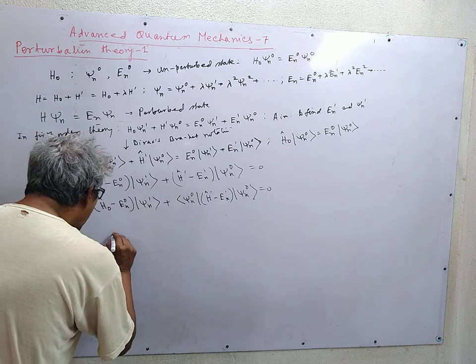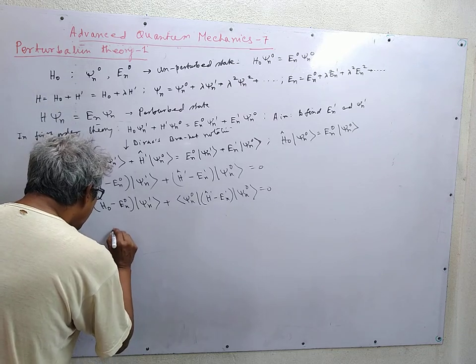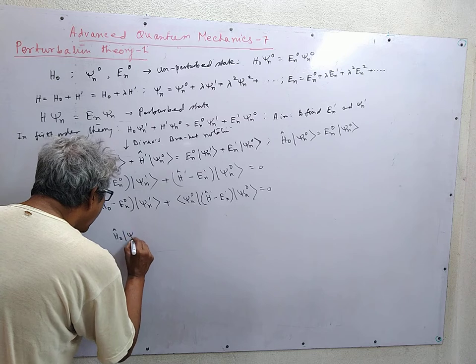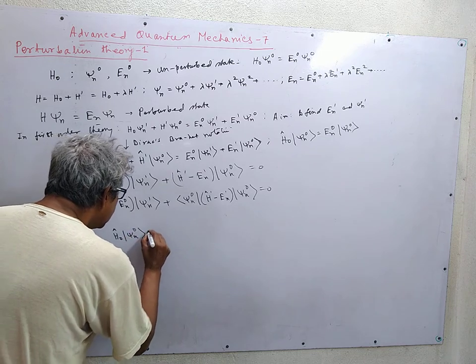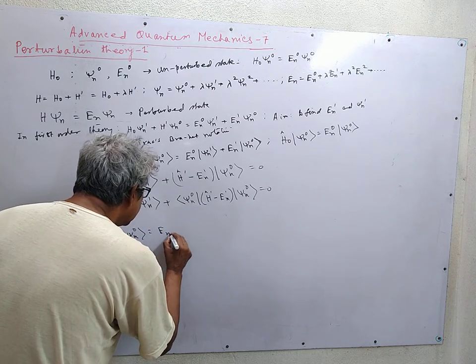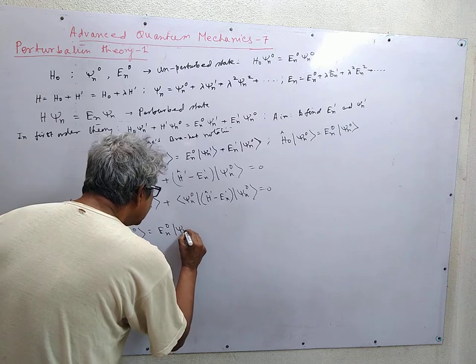We know that h0 phi n0 is equal to en0 phi n0.